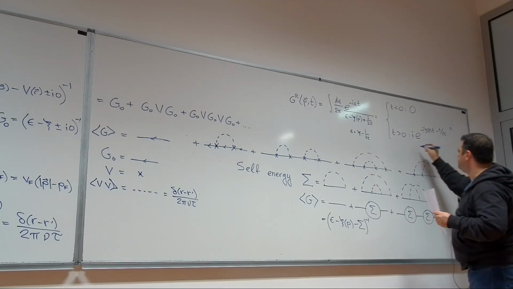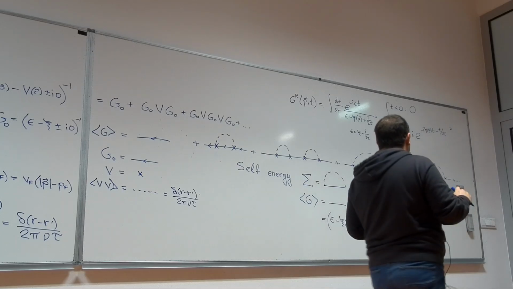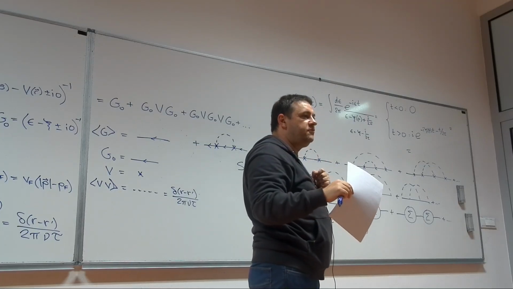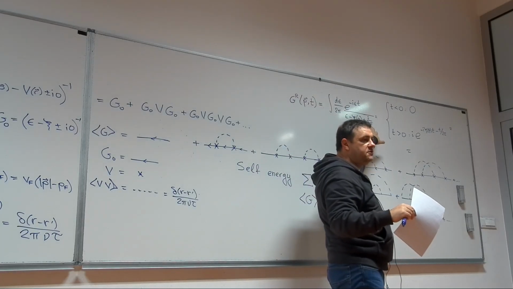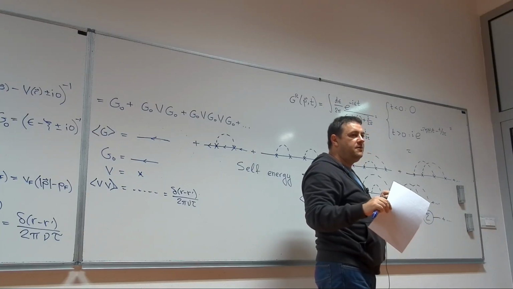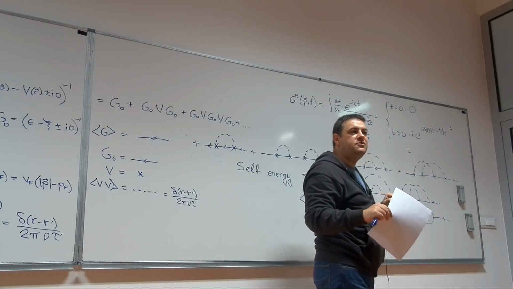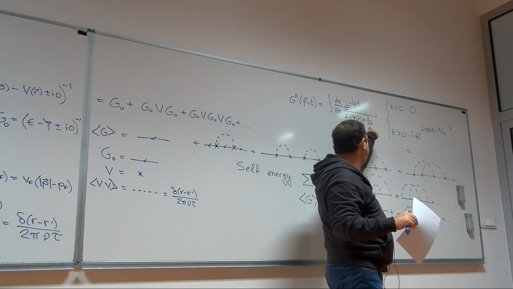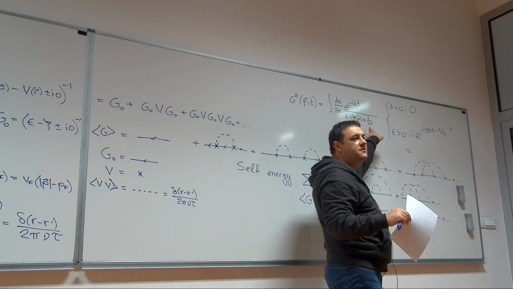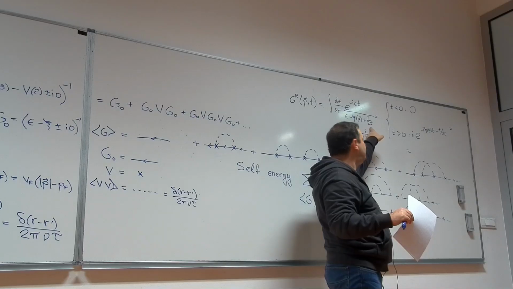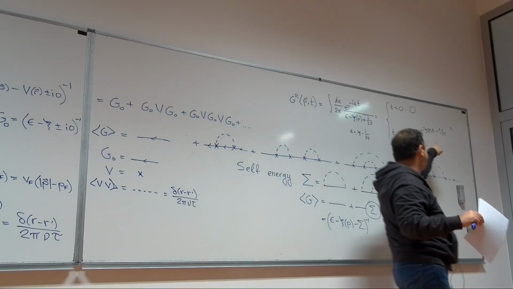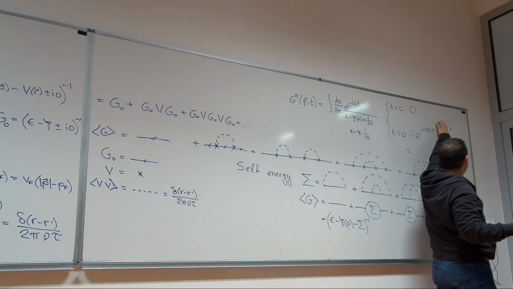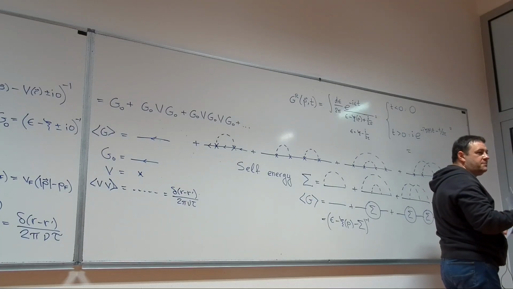Now the question: what will happen if I do the same thing but for a clean Green function without this tau here? I mean, if I put plus i0 here. It will not decay. I will just replace this inverse 2 tau by 0. So I will remove this part, but all the rest will be the same.